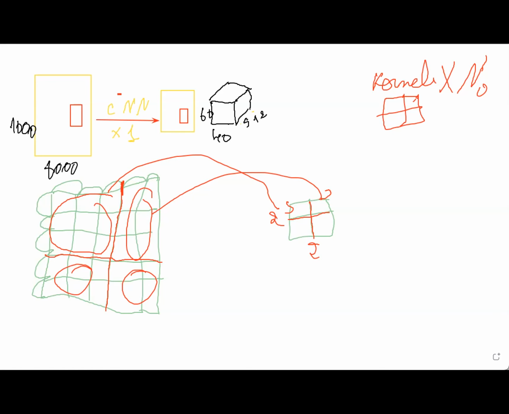So if I ask a question, why do we apply ROI pooling? So we can fit it into a neural network.